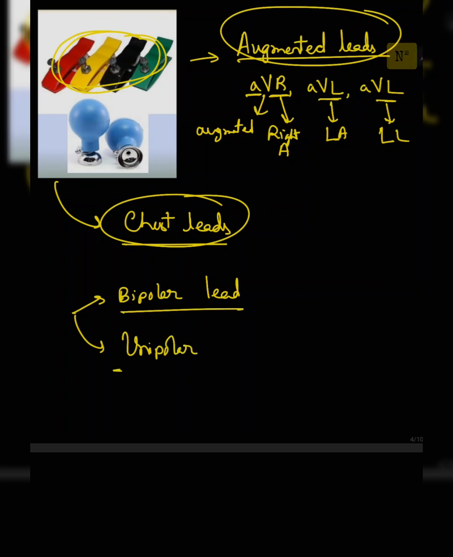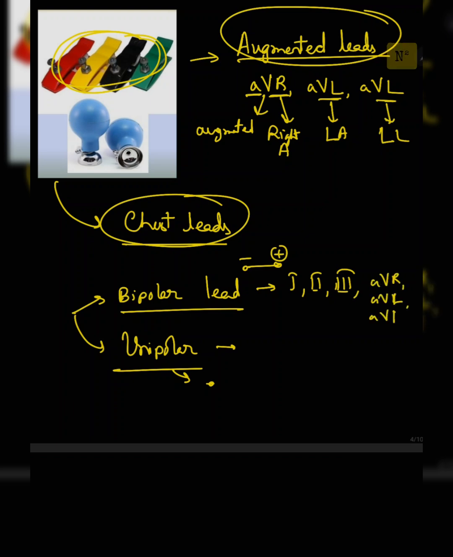Bipolar means it has 2 poles, one negative and one positive, and unipolar has only one connecting point for the lead. So lead 1, lead 2, lead 3 and all the augmented leads are categorized under bipolar leads, whereas V1 to V6 fall under the unipolar chest leads.